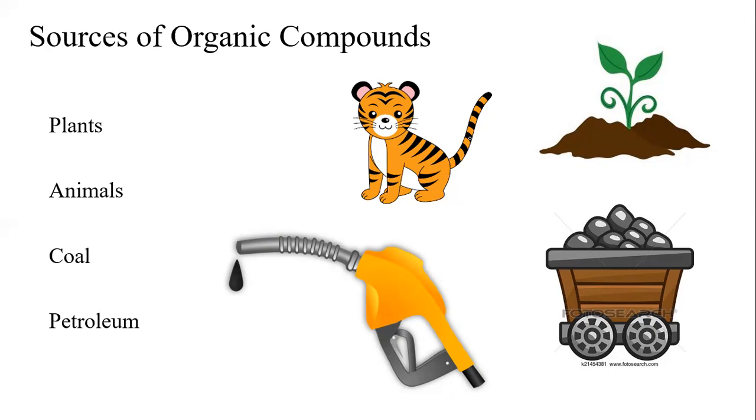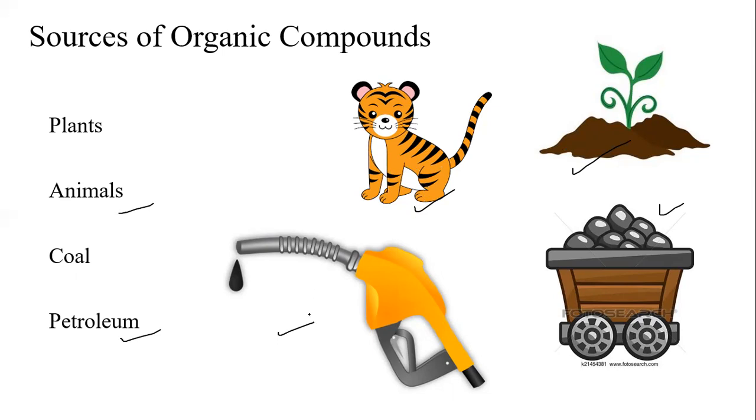Let us come to the sources of organic compounds. Plants are a major, heavy source of organic compounds. Animals are another source. Coal is another source of organic compounds, and petroleum is a vast source.